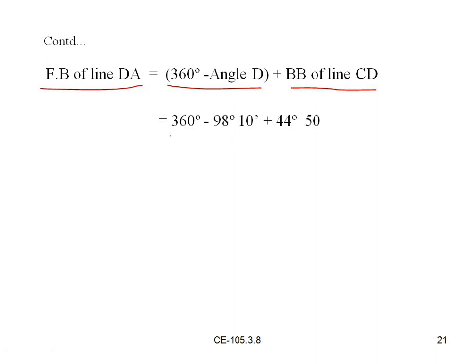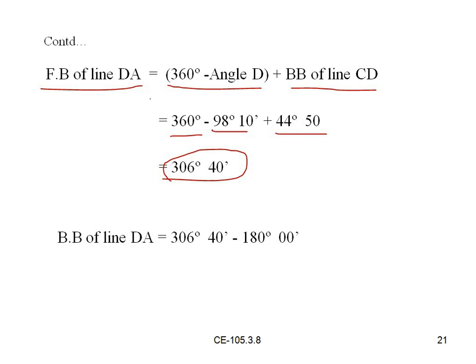We will get 360 degrees minus angle D 98 degrees 10 minutes plus 44 degrees 50 minutes. The answer is 306 degrees 40 minutes. So finally we got at station point D, DA is 306 degrees 40 minutes, which is what we checked in the question. The back bearing of line DA is equal to 306 degrees 40 minutes minus 180 degrees, because it is more than 180, we got 126 degrees 40 minutes.